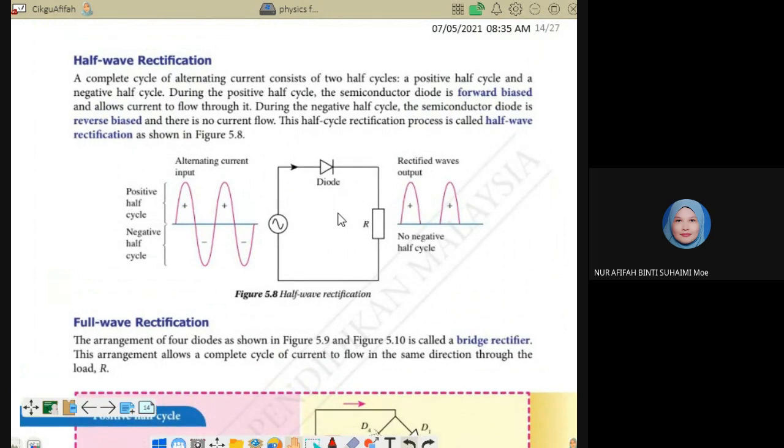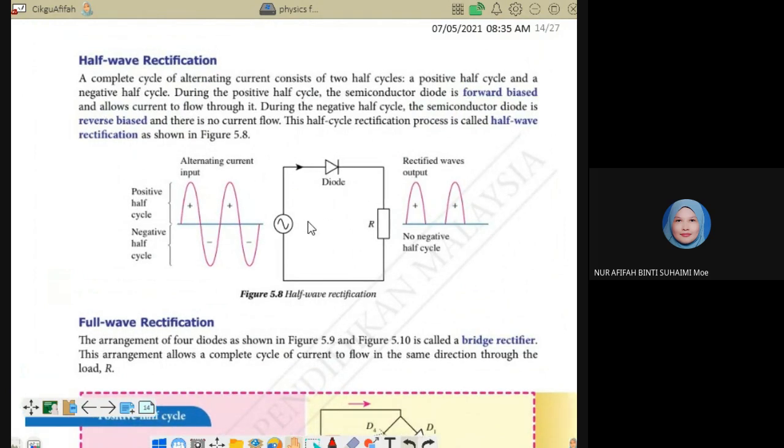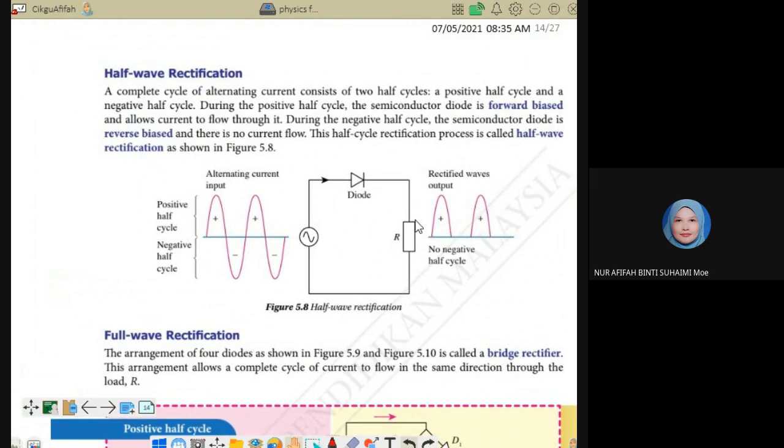Okay, kenapa ada half wave dengan full wave? Because we know that AC current can move either from positive to negative, and the other way around, negative to positive. So kalau AC, dia akan ada electric current can move in two directions.